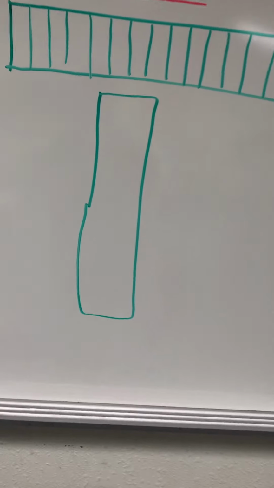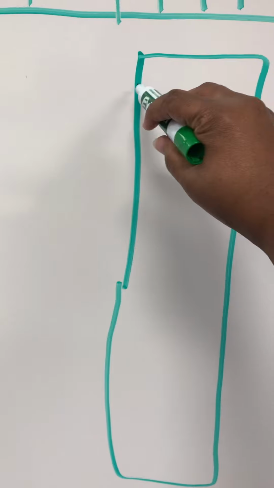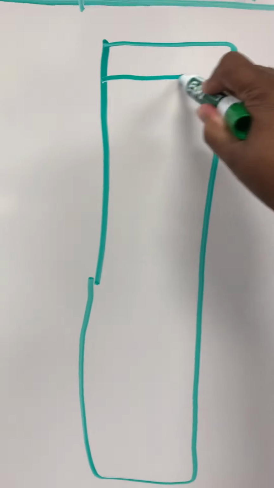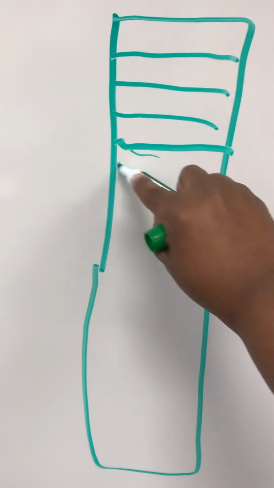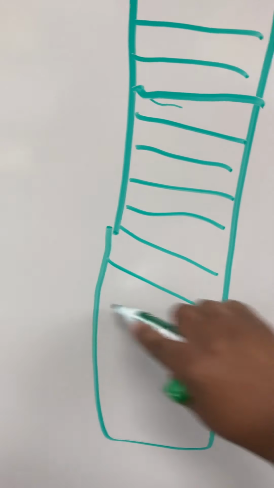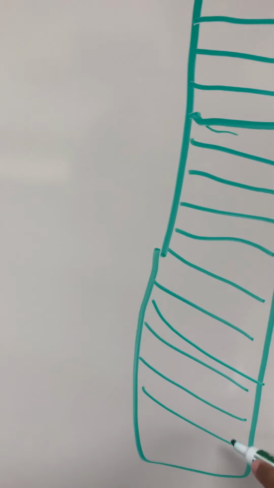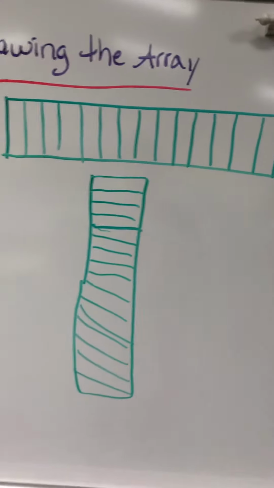There we go. I am not the best drawer, and I have no shame in that, you guys. All right, here we go. 1, 2, 3, 4, up, 5, 6, 7, 8, 9, 10, 11, 12, 13, 14, and now we have 16.